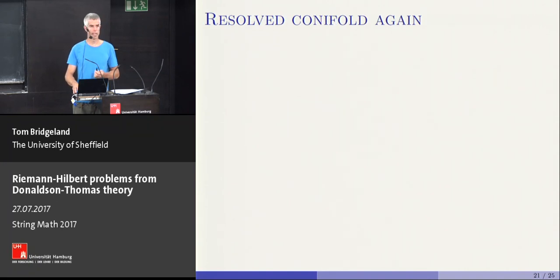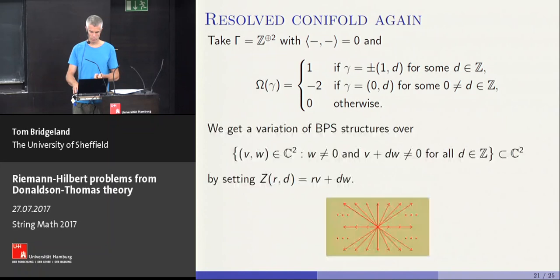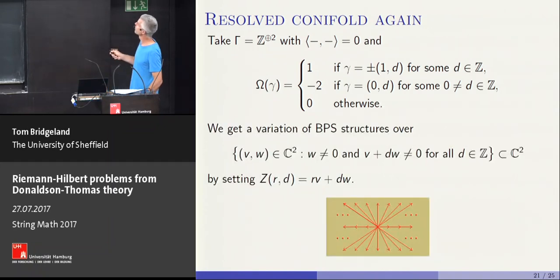But if you go to the special case of the resolved conifold, then you really can solve this Riemann-Hilbert problem rigorously. We've already seen this, so let me just go through this quickly. Here again, we've got the same data, the resolved conifold. The only thing that's different from last time is that I'm taking a less arbitrary central charge.